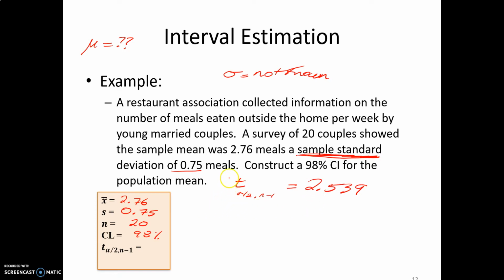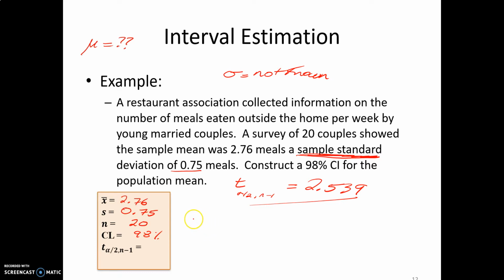So this complete variable, t with alpha divided by 2 comma n minus 1, is one value. We don't take the t value multiplied by half of alpha and then multiplied by sample size minus 1. This is just one complete value. So then we put this into our confidence interval.